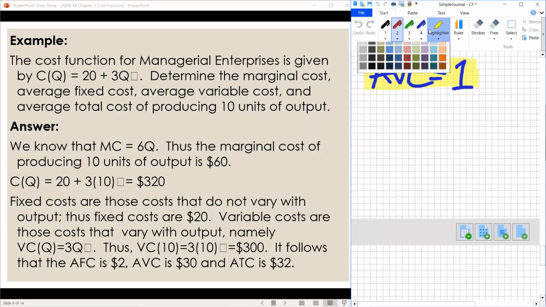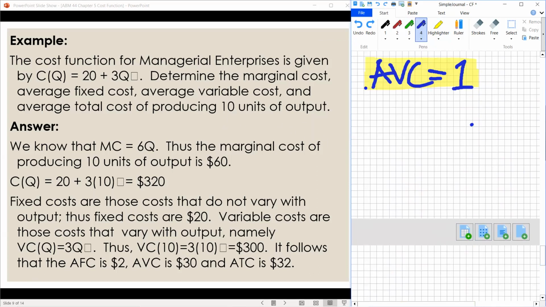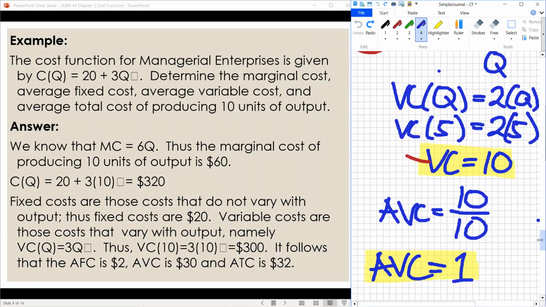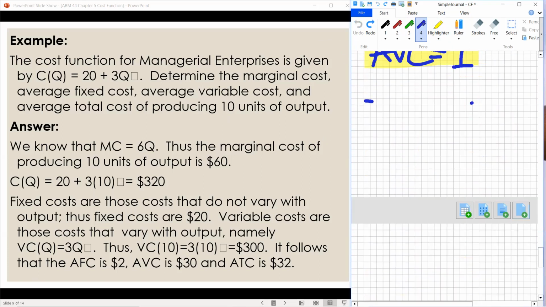And now the next one would be our average total cost. So it is actually letter D. Letter D would be average total cost. So you just simply add the AVC and AFC. I hope that's clear.